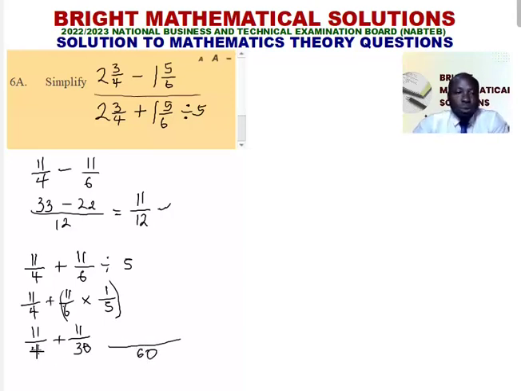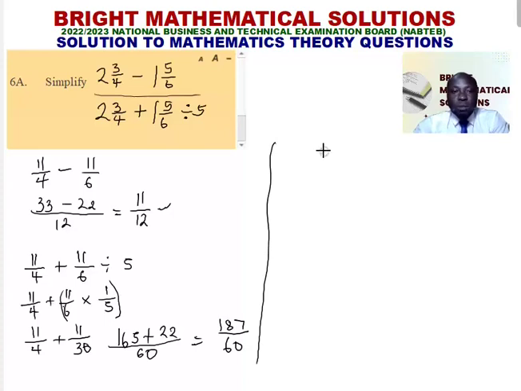So 4 into 60 is 15, multiplied by 11, that gives us 165, plus 30 into 60 is 2, multiplied by 11, that's 22. So this gives us 187 divided by 60.